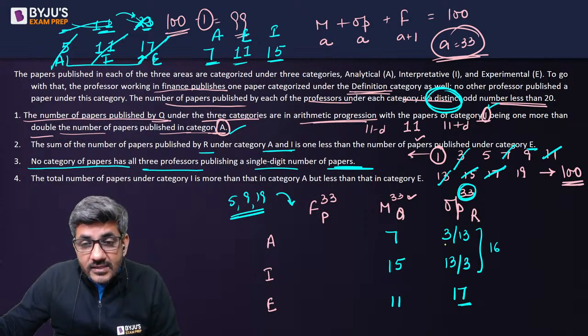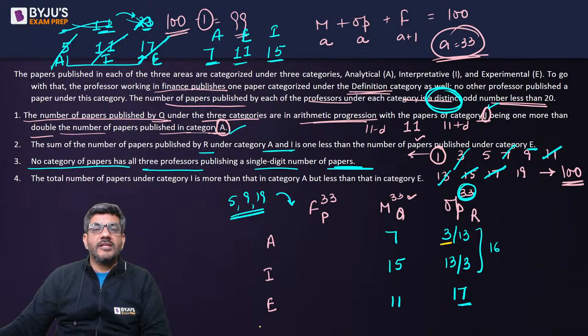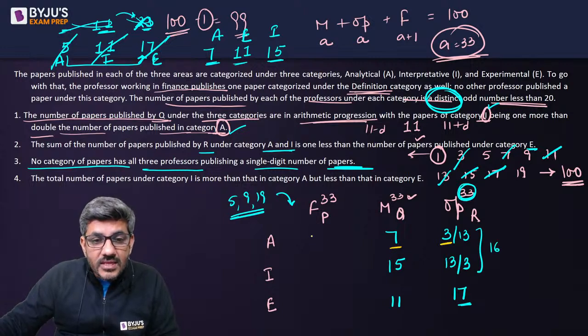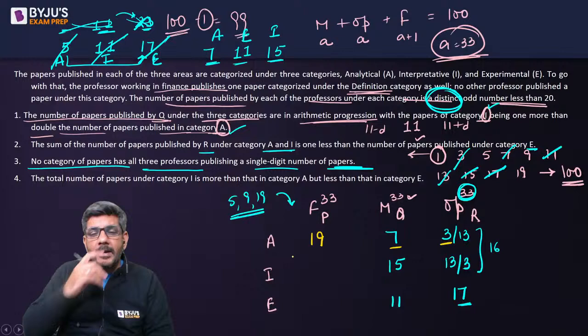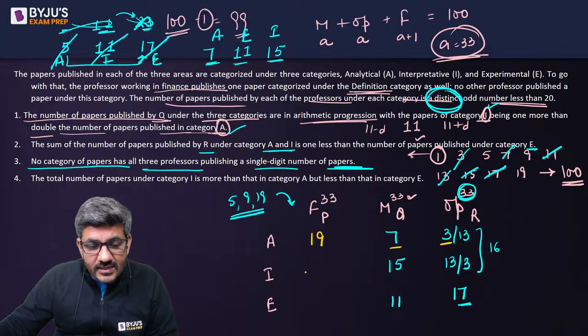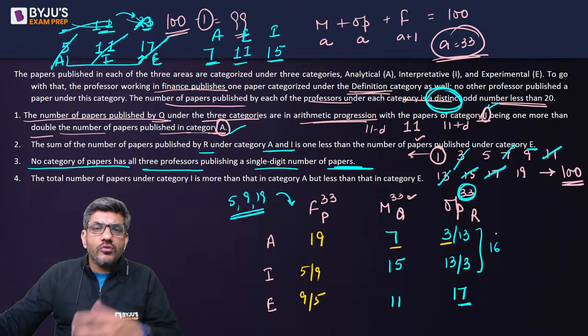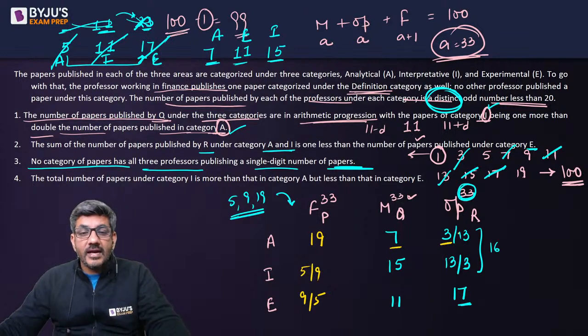If I have a 3 over here, this is 7, this is 3, this cannot be a single digit. Now if it cannot be single digit, then this has to be 19. In that case, the other two numbers would be 5 or 9, 9 or 5. Whereas if this is not 3, there are different possibilities. We will be checking that as well.